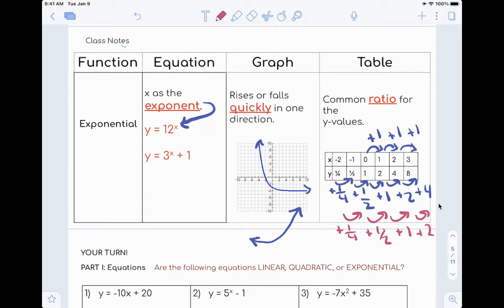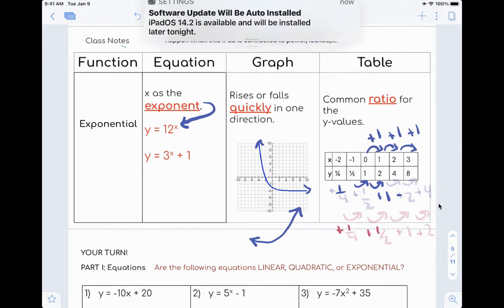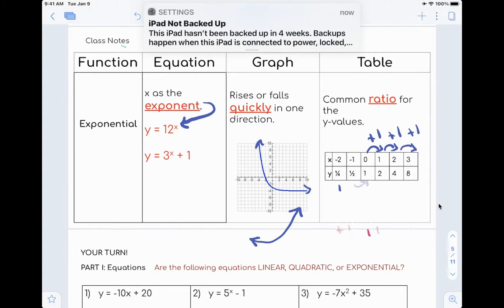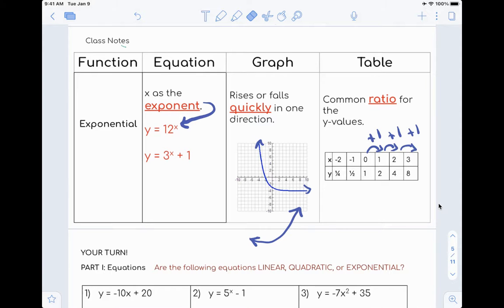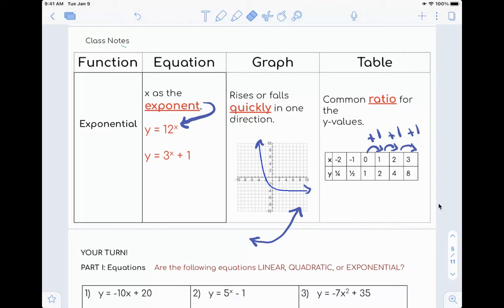So now I have to look for a different relationship in the y values. And so I'm going to look to see if there's something that I could multiply by to make 2. Well, that'd be 2, right? So instead of looking for something to multiply, I'm going to take that ratio.